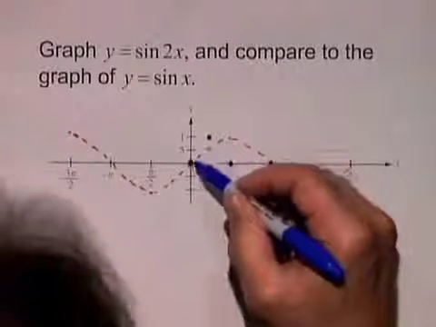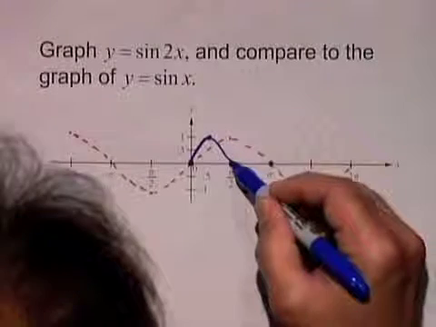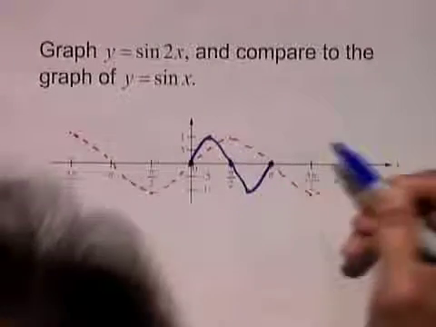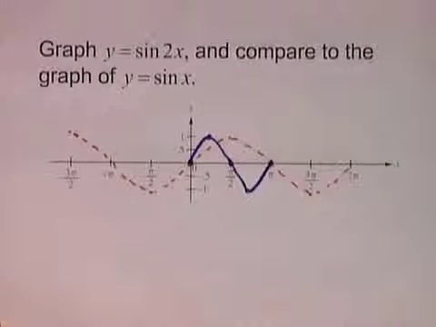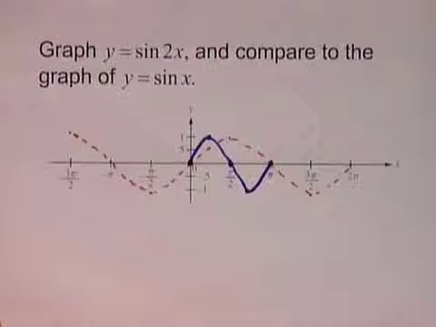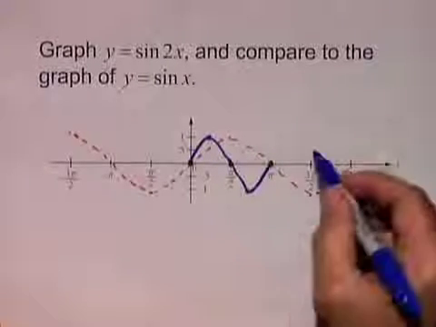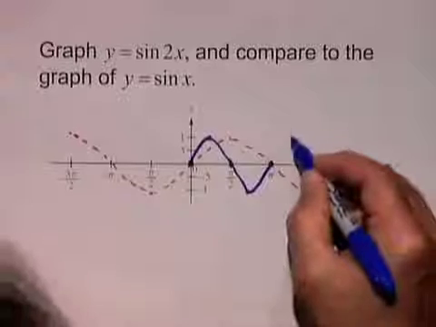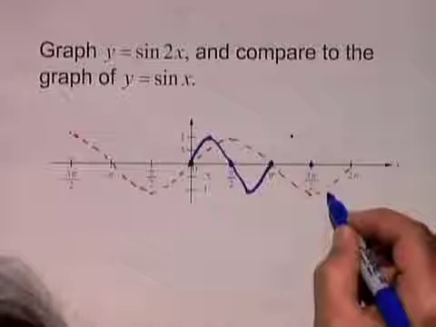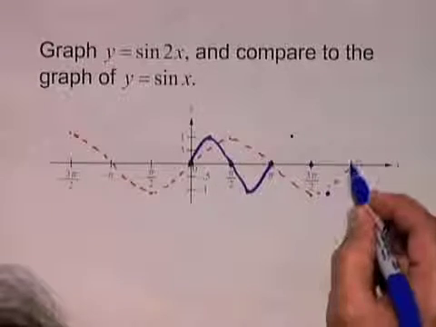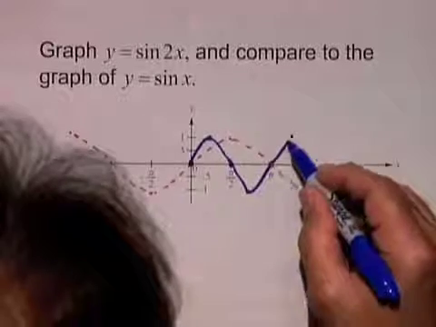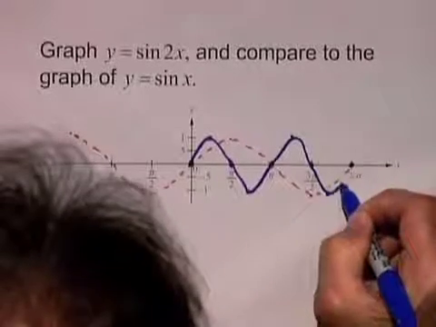So we can draw one cycle connecting those points with a smooth curve. But of course, the curve continues in both directions, and so we know that it will go up to here, down through there, back down to here, and we draw another full cycle.